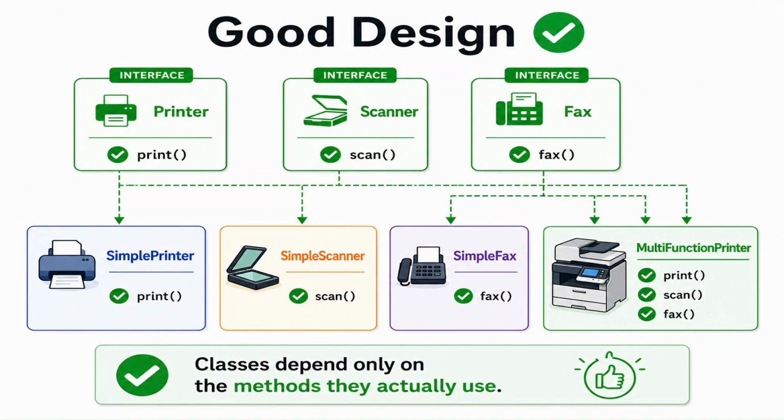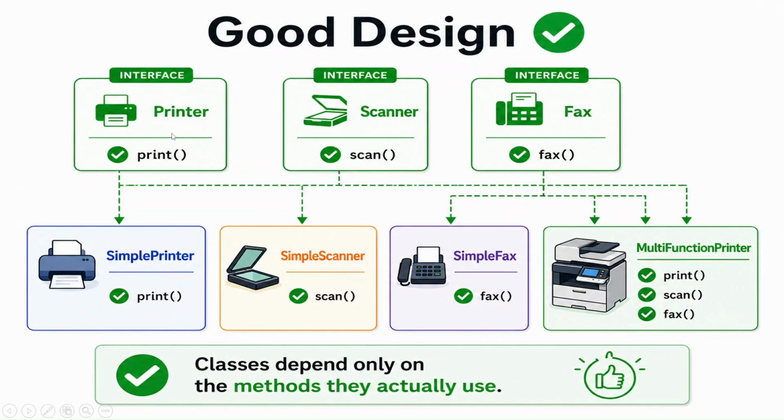Now we have three interfaces. So I will create a simple printer class. Simple printer only implements the printer interface, because simple printer has the ability to print. So it will only implement this printer interface.